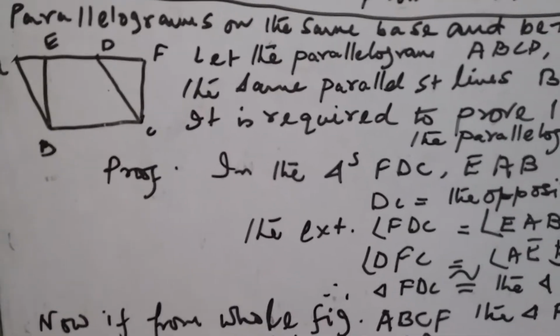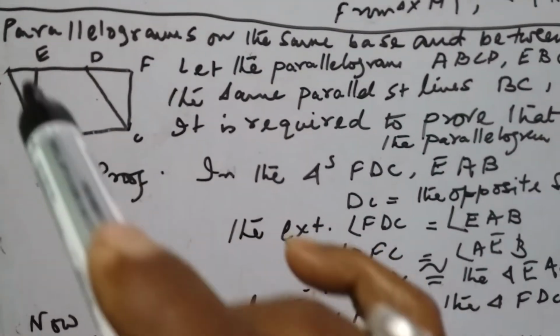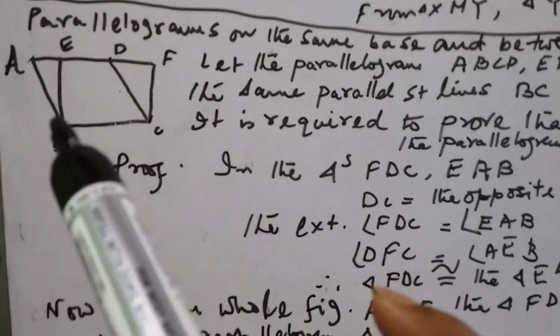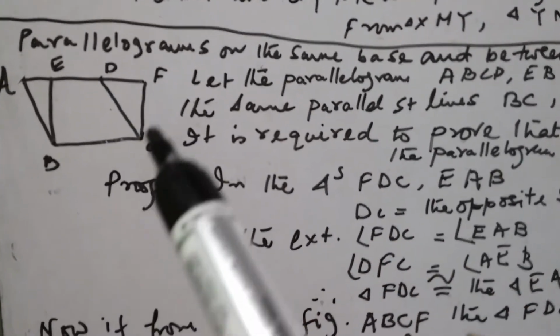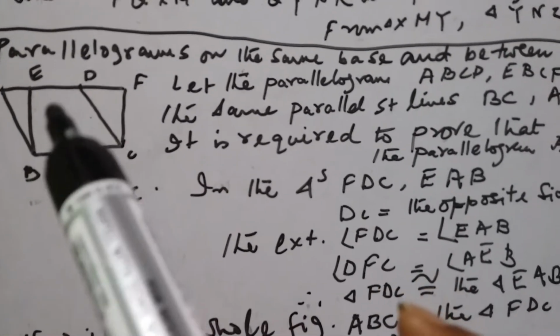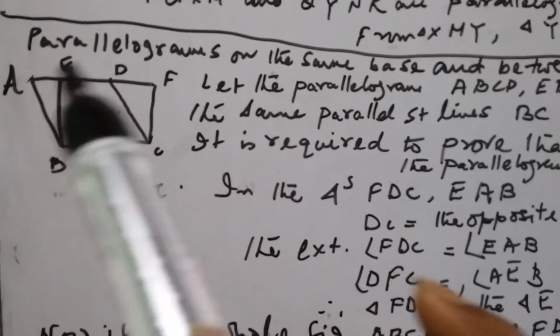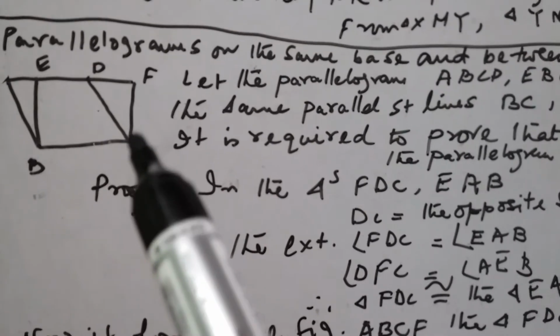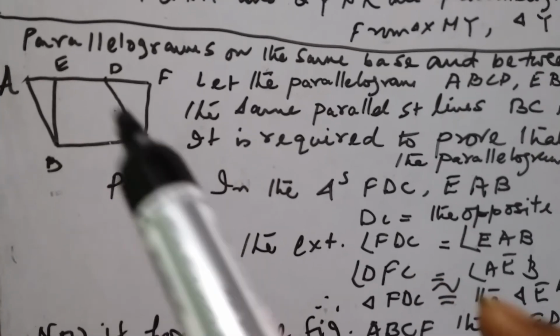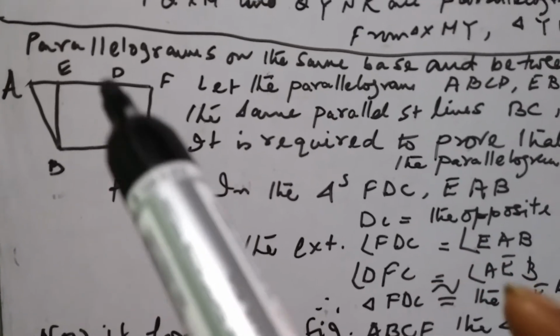So these two parallelograms are equal. How can I prove it? Now this is a parallelogram, so angle CDF is equal to angle BAE, and this is a parallelogram, so angle AEB is equal to angle CFD, corresponding angles. And since ABCD is a parallelogram, AB is equal to CD.